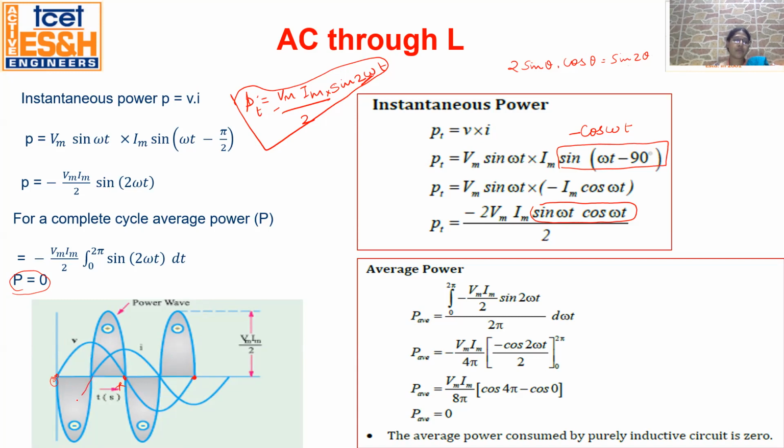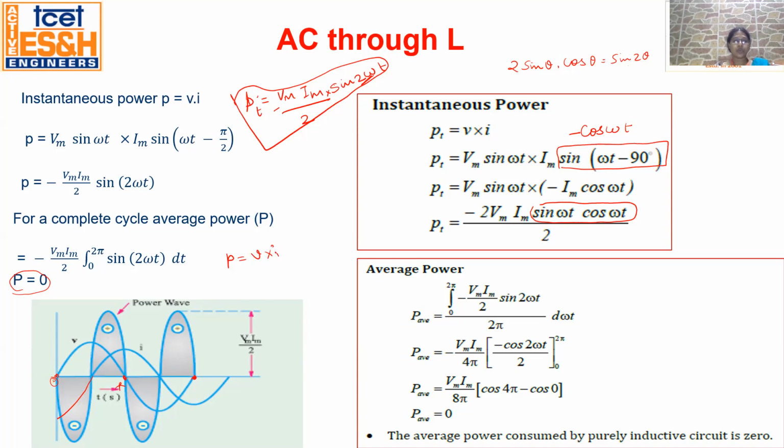See, this is the waveform of current again. Now how can you calculate power? Power is equal to V into I. Suppose V is positive here and I is negative.